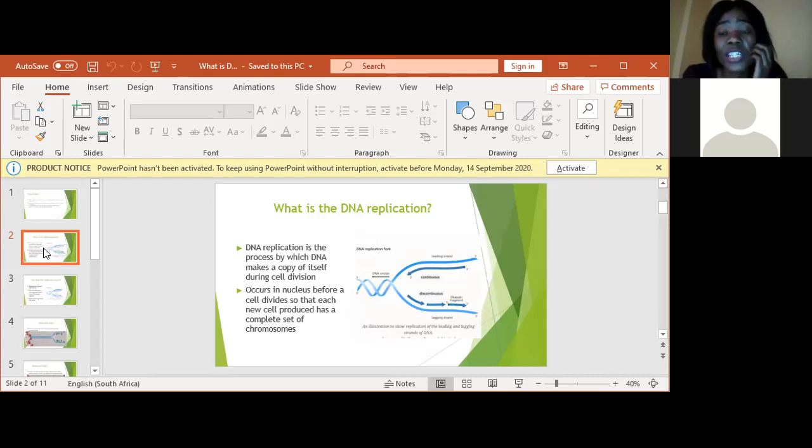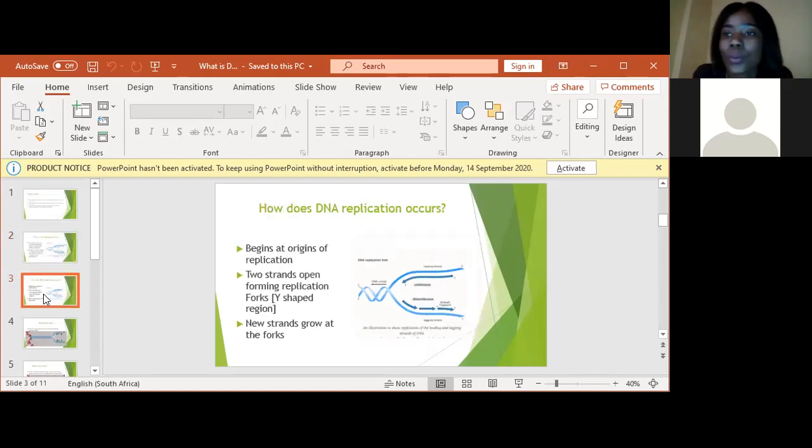DNA replication is the process by which DNA makes a copy of itself during cell division, and this process occurs in the nucleus before the cell divides, so that each new cell produced has a complete set of chromosomes. So learners, how does DNA replication occur?